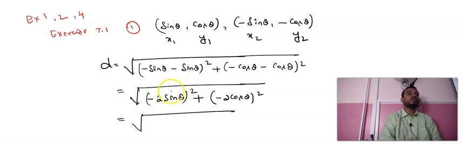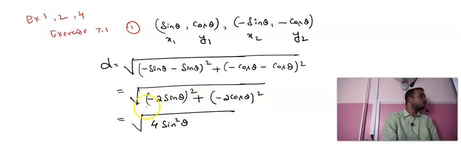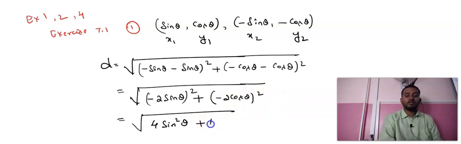Minus 2 whole square will become 4 sin square theta. For minus 2 also there is square, for sin theta also there is a square. Minus 2 whole square will become plus 4, minus 2 into minus 2. Sin theta whole square is nothing but sin square theta. Plus minus 2 whole square will become plus 4, and then it becomes cos square theta.